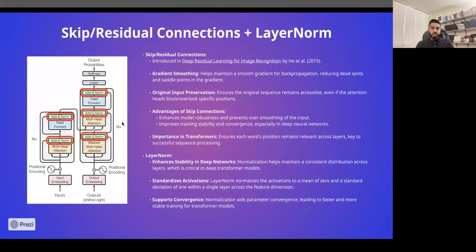So if these are a lot of words that you're not accustomed to, no worries. Just to summarize quickly, the residual connections are a big reason why we're able to train a lot of these deep neural networks at this point, right?